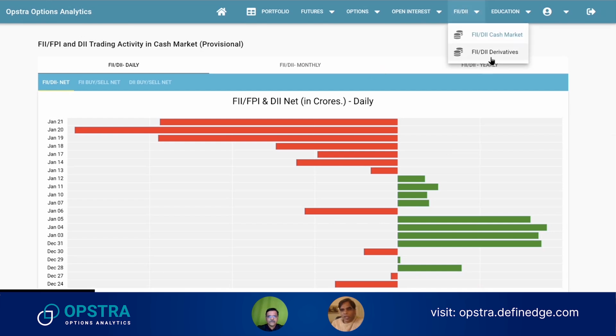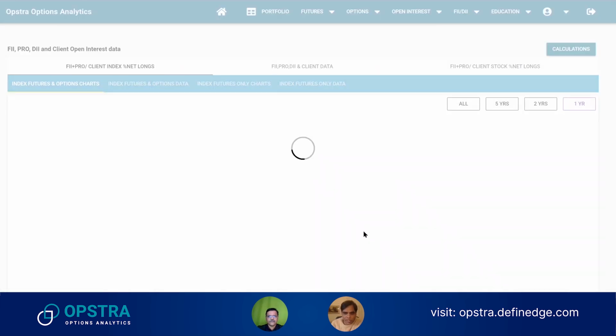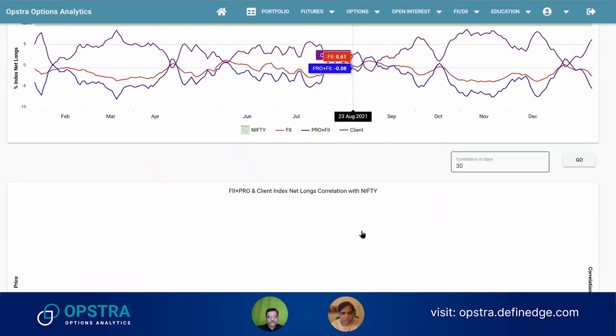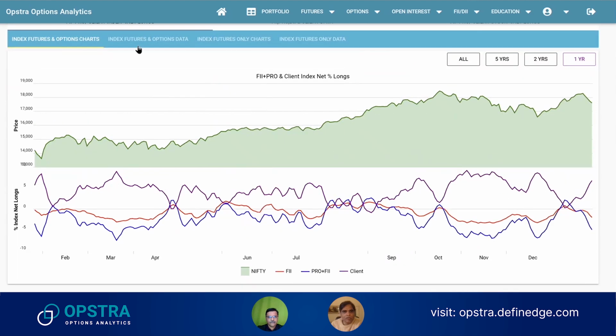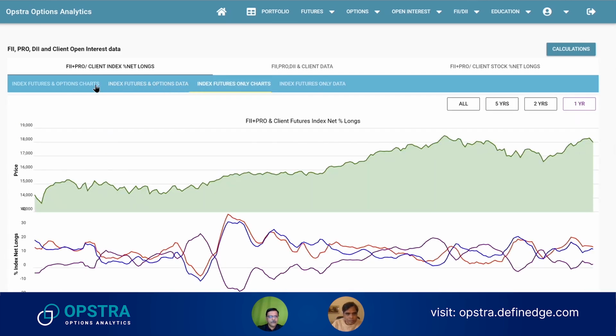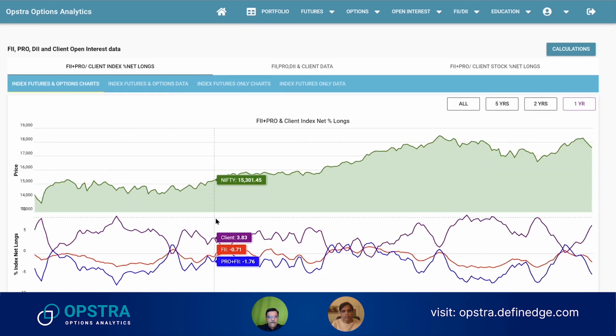In the FII also we have something called FII DII derivatives. FII DII derivatives is nothing but, if we look at this market, FIIs sell in futures, they sell in options, in call options as well as put options.